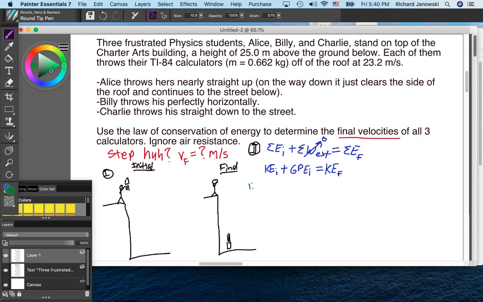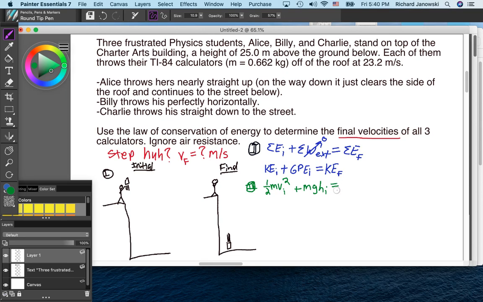Step 3 is the math. Okay, so turn the things into the things. KE initial is going to become, if you remember your formula for kinetic energy, 1/2 m v initial squared, plus GPE is going to be mgh initial.